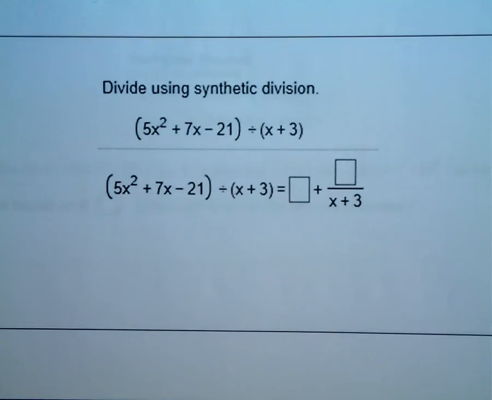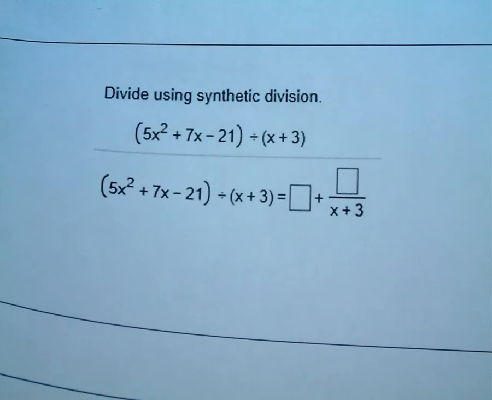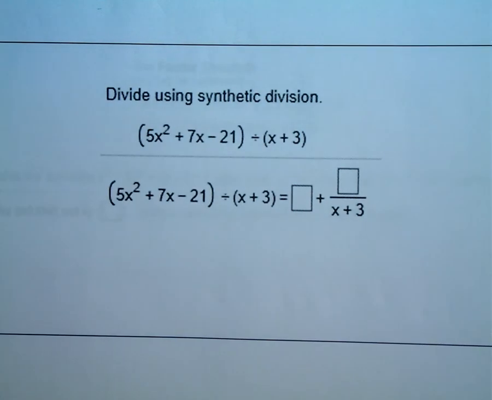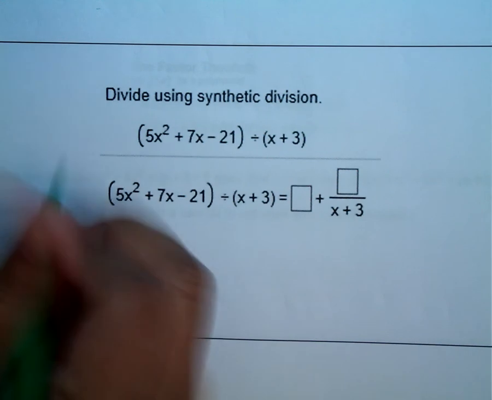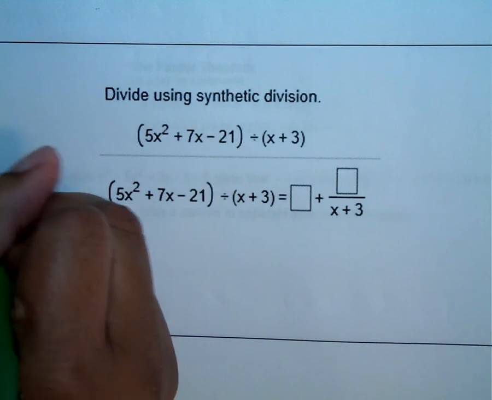It says divide by using synthetic division. So, when I'm looking at it, it has x plus 3. So in my little box, I put the opposite. My 0 would have been a negative 3, and my box goes a negative 3.